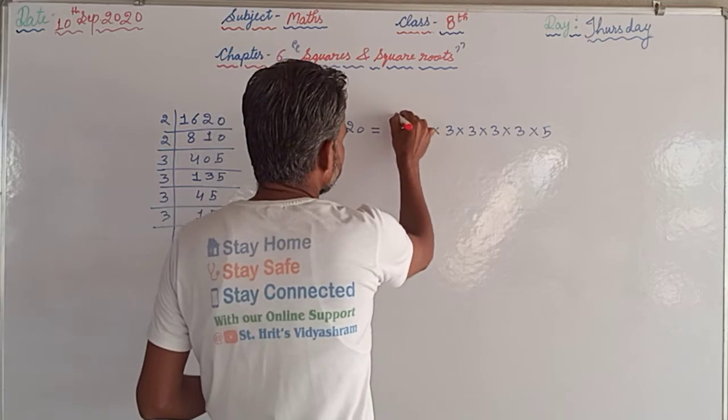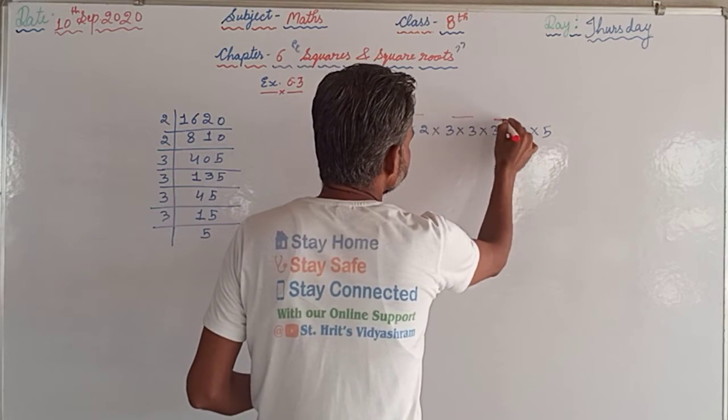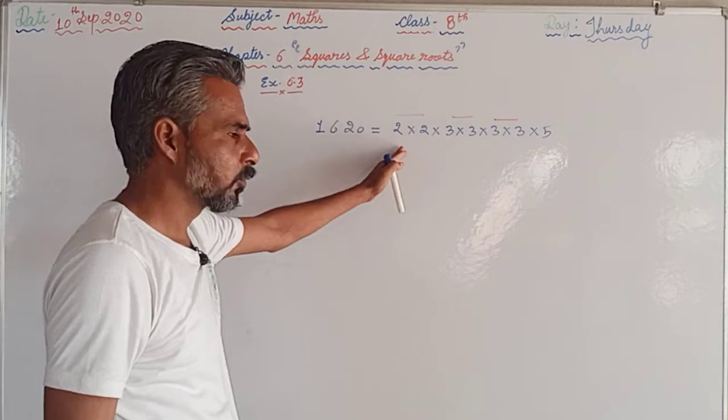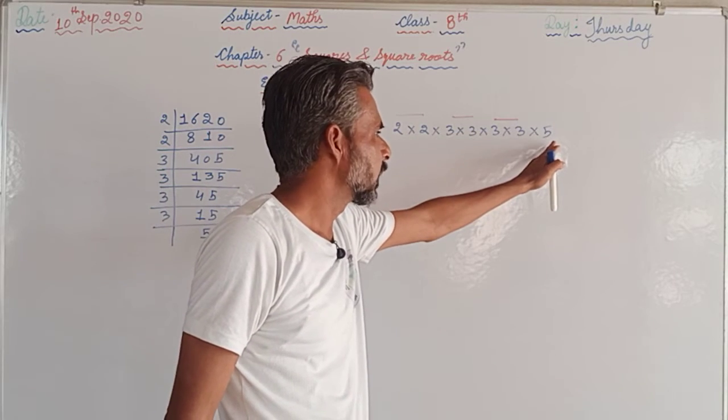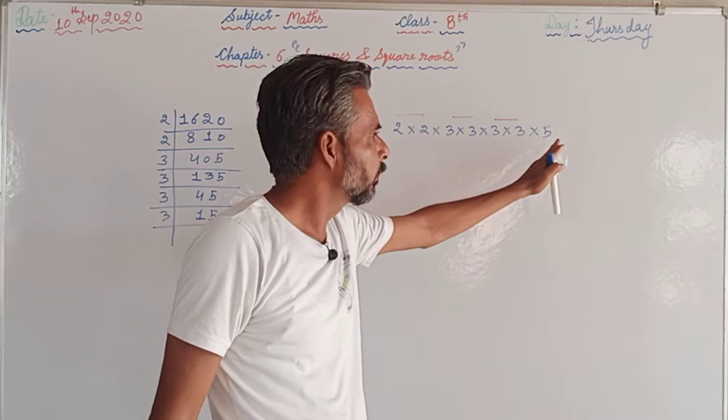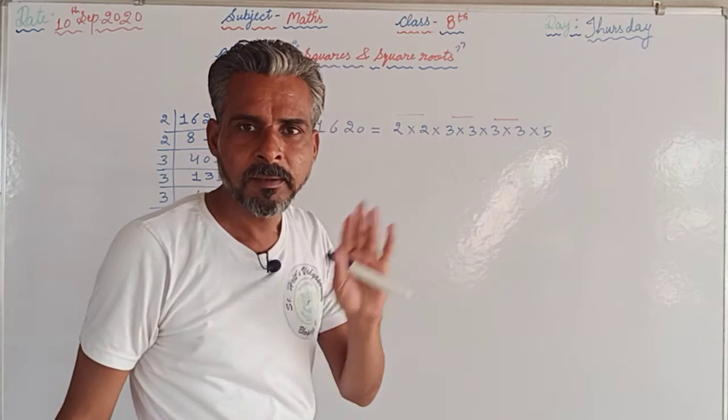So we will pair them. The pair of 2 is there and 2 pairs of 3 are there, and there is not a complete pair of 5.